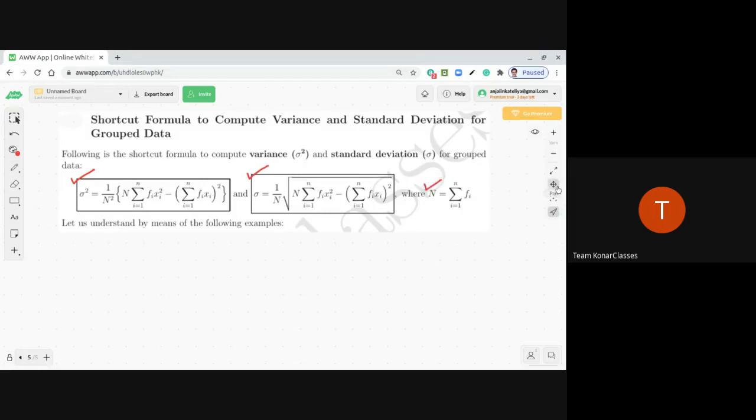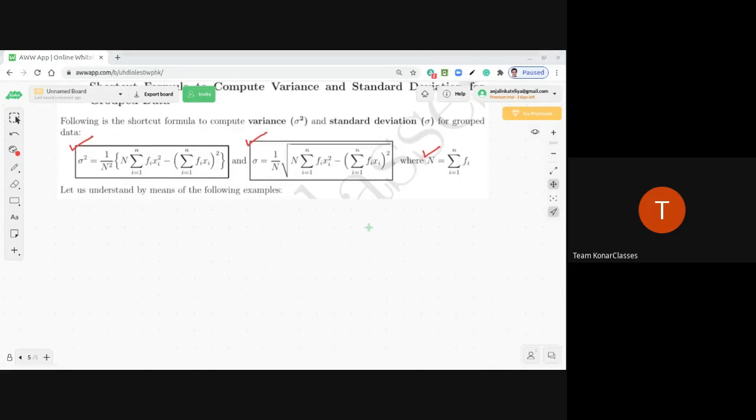Now let us understand by means of an example, because an example will help us compute this value very clearly. The first example is finding the mean, variance and standard deviation for a discrete frequency distribution. I'm going to place that example in front of you in a few seconds.